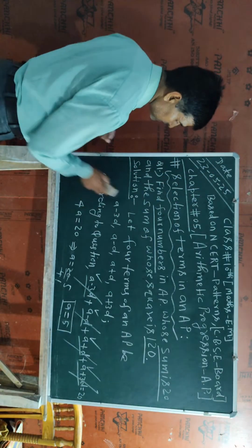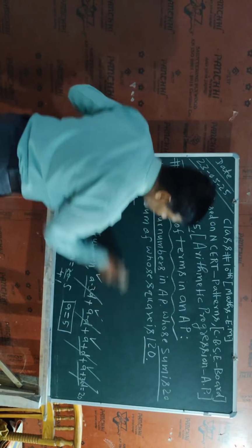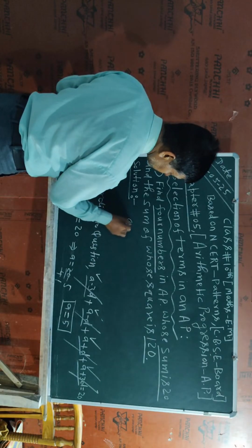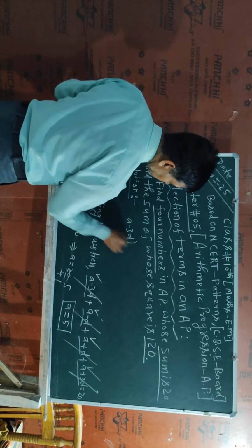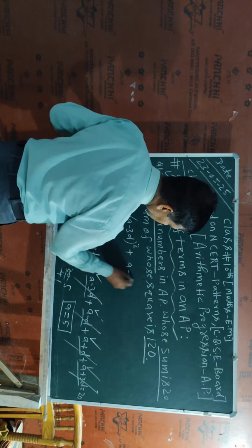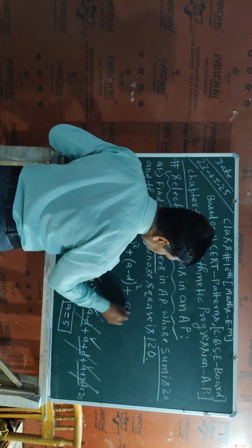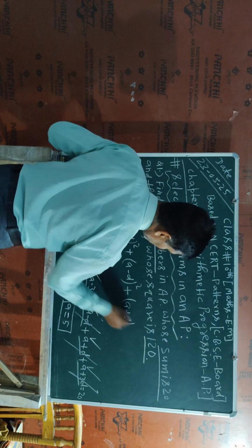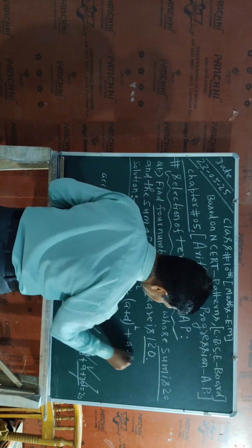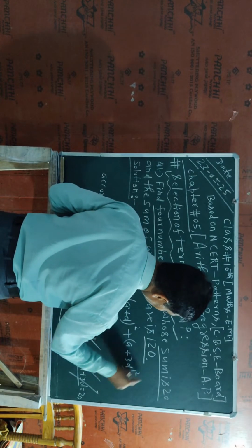Okay student, now further, according to the question, I have to write the above information. The above information is given: (a minus 3d) whole square plus (a minus d) whole square plus (a plus d) whole square plus (a plus 3d) whole square, which is equal to 120.